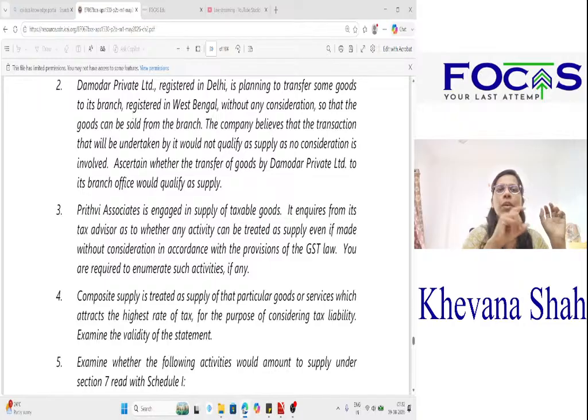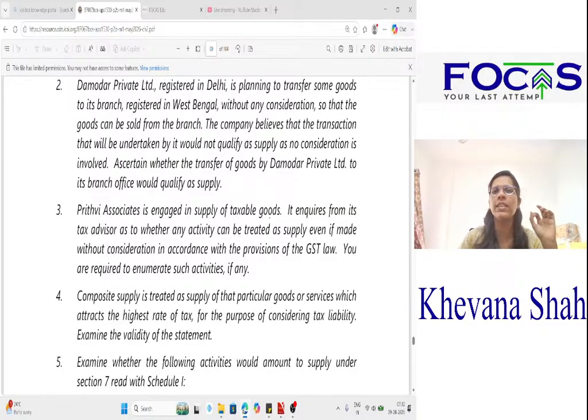But because this is a branch of Damodar Private Limited, the PAN number for both of these registrations would be common, which means these are places of a distinct person. Okay. So whenever there is a supply between distinct persons without any consideration, in that case also this is considered as supply. We have already seen this in the previous class.